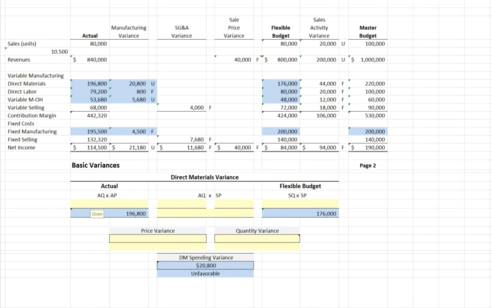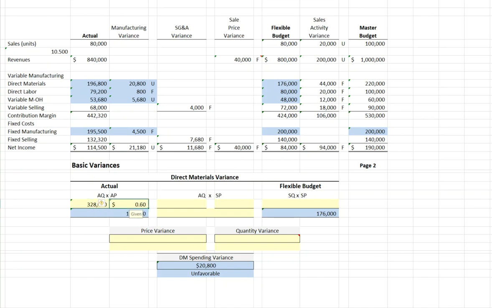Let's begin with our direct material variance. Again, we're analyzing the difference between our $196,800 actual cost and our $176,000 flexible budget amount, which is the amount that we should have spent for direct materials, given that we produced 80,000 units. Let's begin with picking up our actual quantities, which we were told were 328,000 from above.